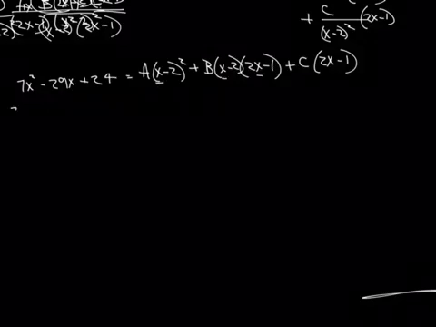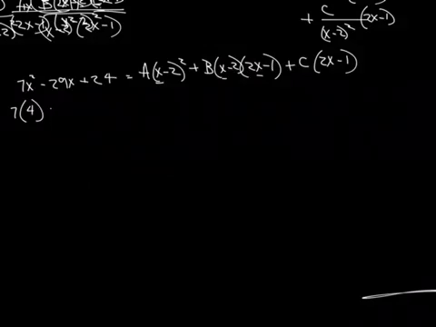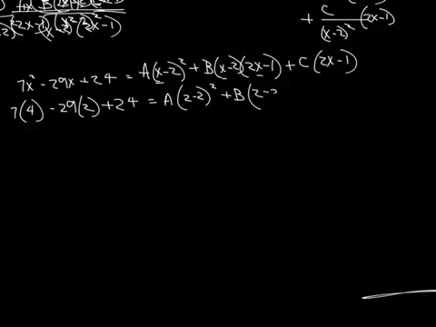Let's see what we get. 7 times 4 minus 29 times 2 plus 24 equals a times 2 minus 2, the quantity squared, plus b, 2 minus 2, 2 times 2 minus 1 plus c times 2 minus 1.